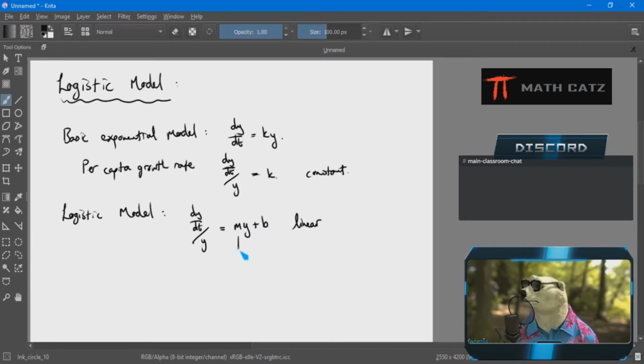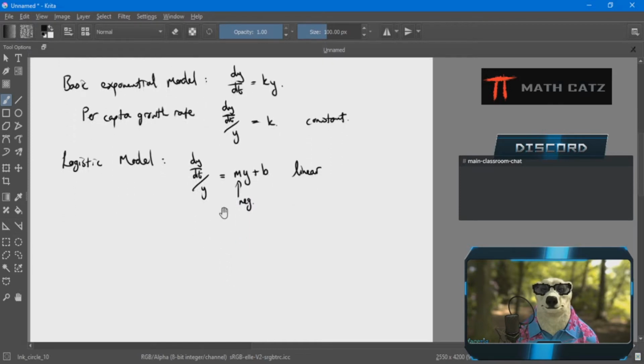So, of course, we're going to make m here negative so that the higher the population, the lower the per capita growth rate. Okay.